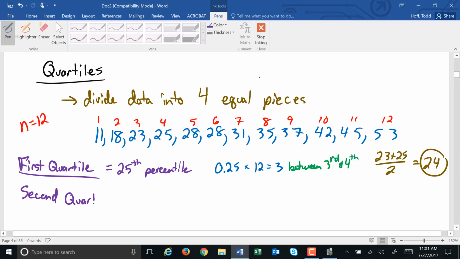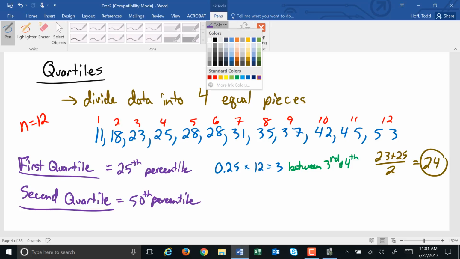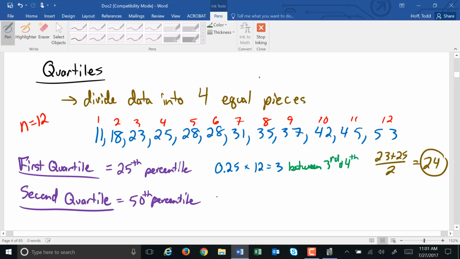The second quartile, anybody want to guess? 50th percentile. You got it. Usually I do an example of the 50th percentile. I didn't this time. But what am I going to do to find the position of the 50th percentile? 0.5 times 12. Anything else that we did that was 0.5 times n? Median. The 50th percentile and the second quartile are just the median.